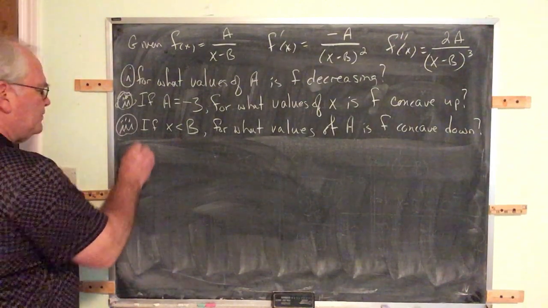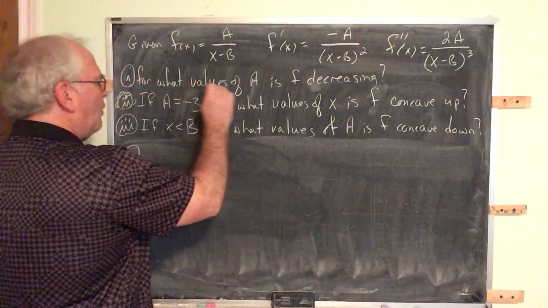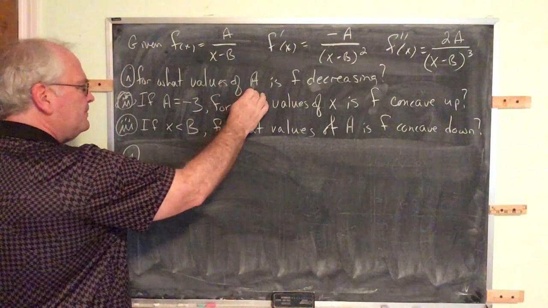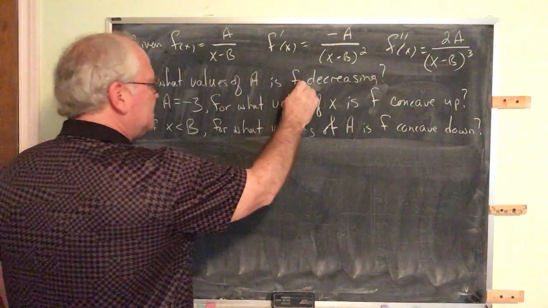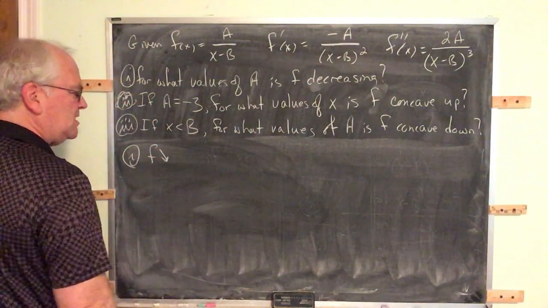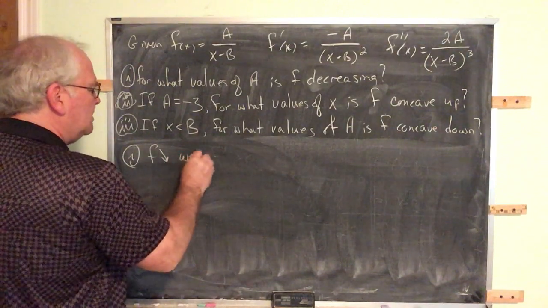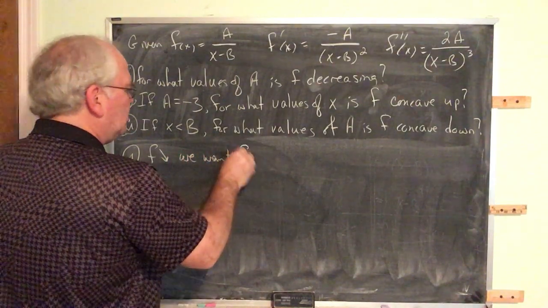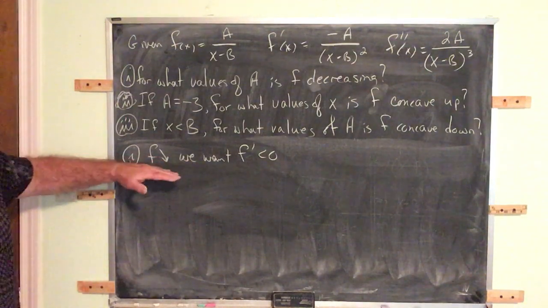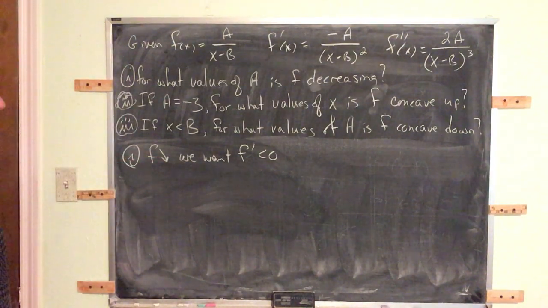So number one, for what values of a, our final result is going to be find a. We want to know for what values of a is f decreasing. Well, if we want f to be decreasing, then that means we want the derivative to be less than 0. If the derivative is less than 0, that's going to cause the function to be decreasing.